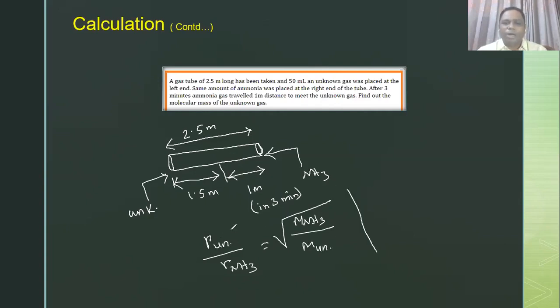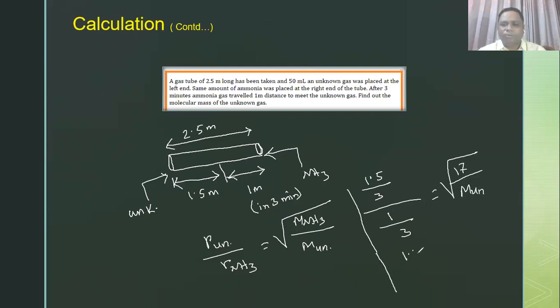So R unknown will be distance traveled by it divided by time, and that equals root over 17 divided by M unknown. So we can write 1.5 equals root over 17 divided by M unknown.